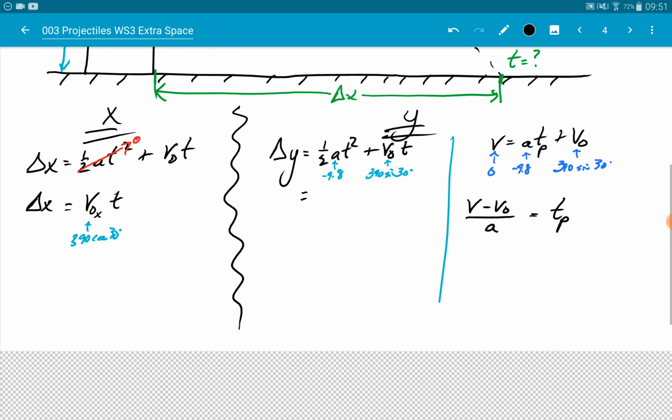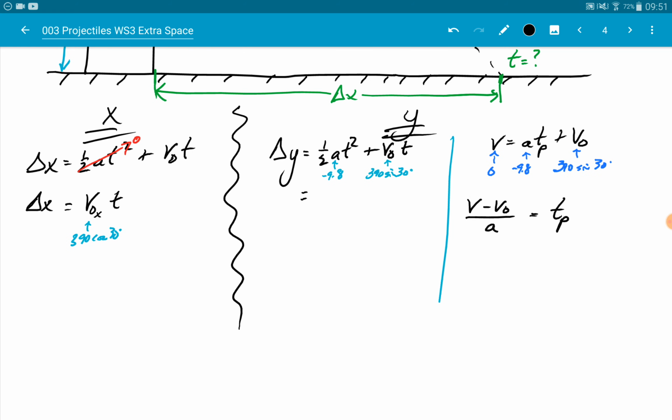So I'm just subtracting and dividing there. And then I put in all my values, 0 minus the 390 sine of 30 degrees, and then divided by my negative 9.8. I look at that and go, that works out because I have negative and negative in the numerator and denominator.